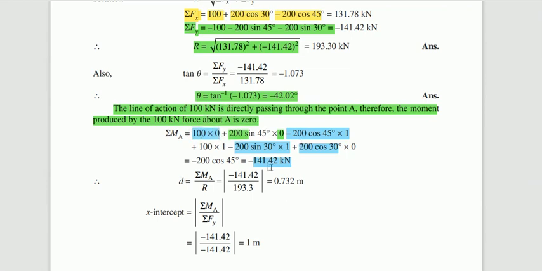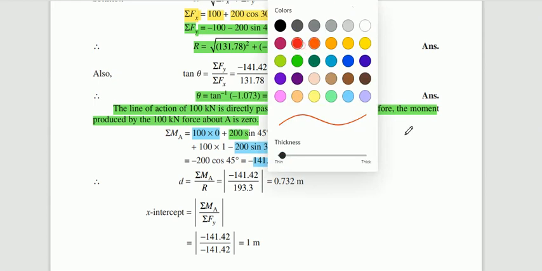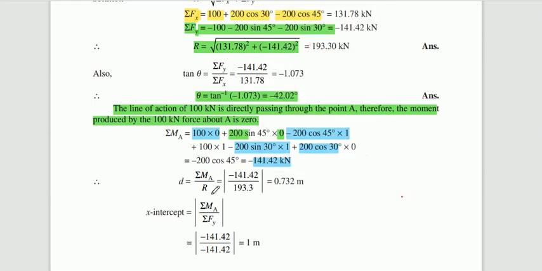Why it is 0 I have explained. So this is the moment of all the forces about point A. After that, we have the direction, based on Varignon's theorem. What does Varignon's theorem say? The moment due to the resultant about any point is equal to the summation of the moments due to all the forces about the same point.